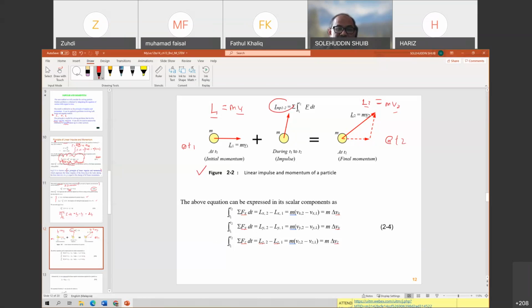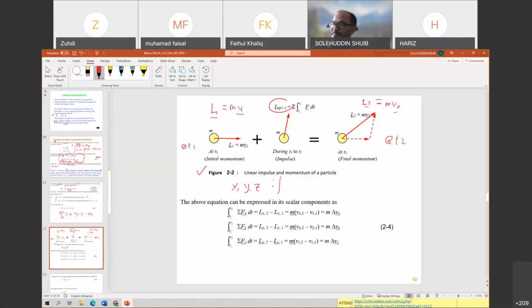Next one, the equations that I have mentioned just now, equations 2.2 and 2.3, we can also express in the components of x, y, and z, in its scalar components. For scalar components, we can write in this form. Just to make it clearer, I write it.